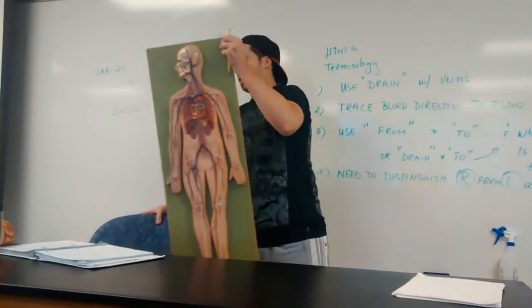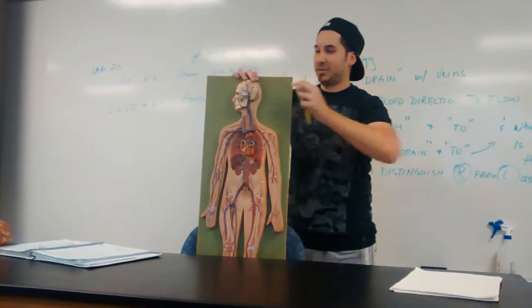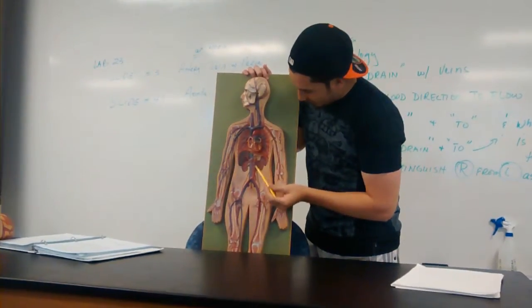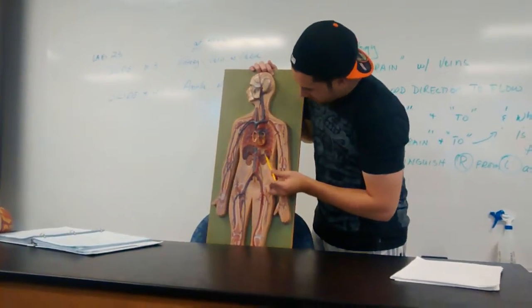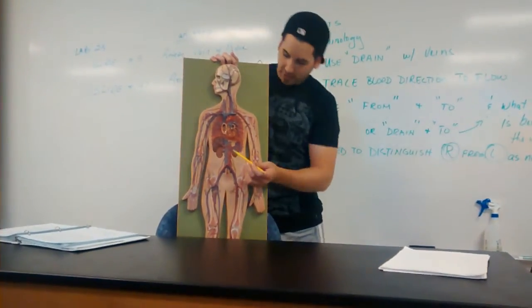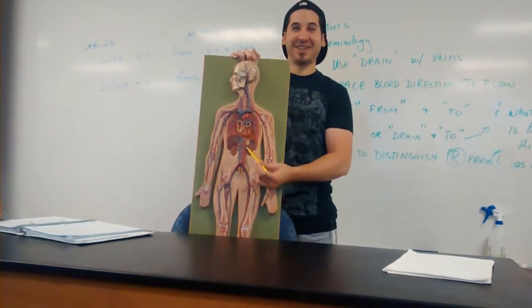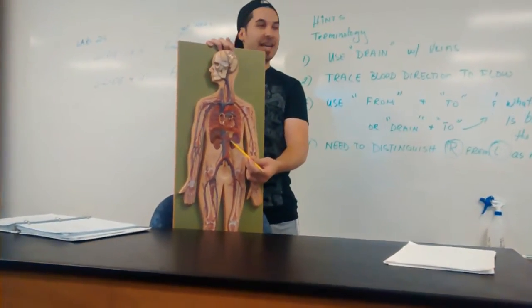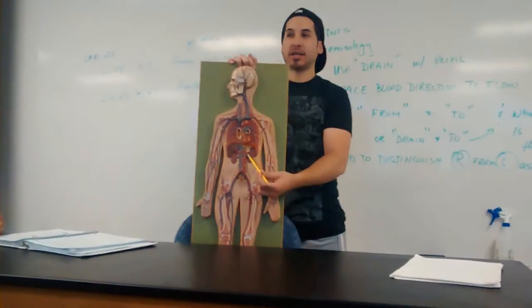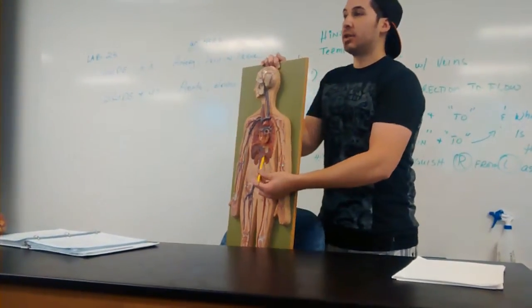Always remember, just because your TA is being lazy, you can't be lazy. The veins are blue. So the renal veins carry deoxygenated blood from the kidneys directly into the IVC. That one's easy.